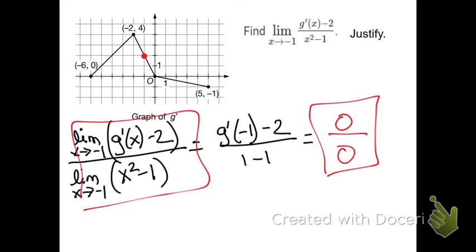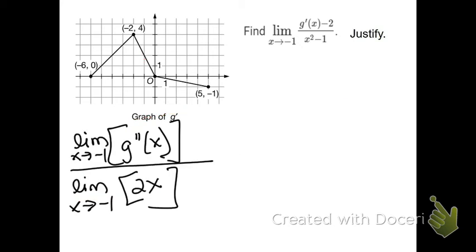Okay, and now we can state L'Hopital's rule applies. So you'd write apply L'Hopital. And now we'll do the derivative of the top and the derivative of the bottom. Okay, did you write the limit again? Derivative of the top and the derivative of the bottom. Next, replace those x's with -1s. Okay, and now evaluate the second derivative at -1.